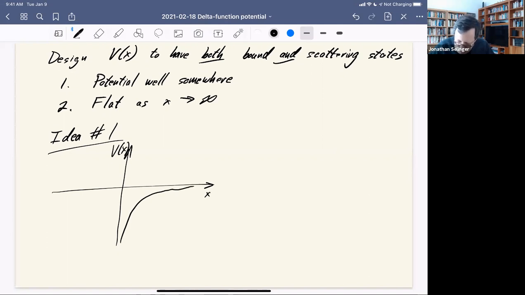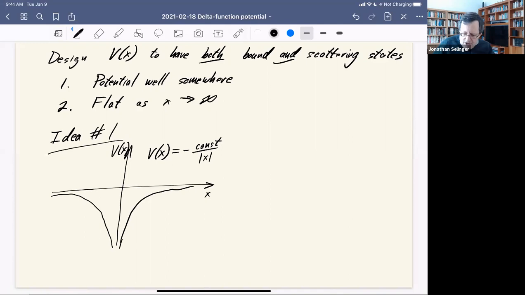It would go way down as X goes to 0, but it's flat at infinity. And so a nice function for this would be V of X equals some negative constant over the absolute value of X. So it'll be symmetric between the two sides. Yes, this would certainly have those features.